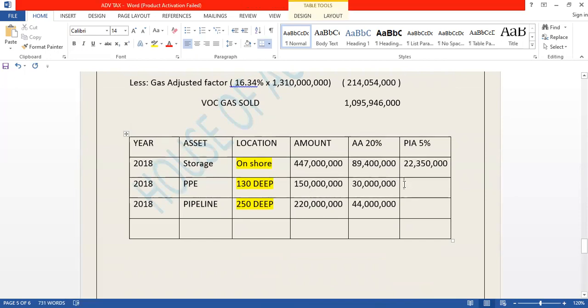What do we get? 15% multiplied by 150. That's 22,500,000.